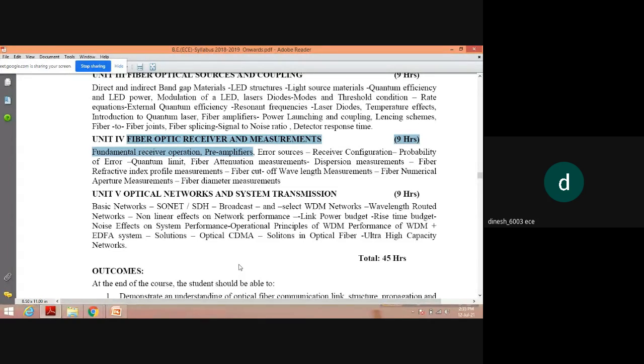the operation of wavelength division multiplexing, its performance, the principles, along with EDFA. EDFA is erbium doped fiber amplifier, which is a specific amplifier used in modern SONETs or solitons that are used for high data rate transmission.